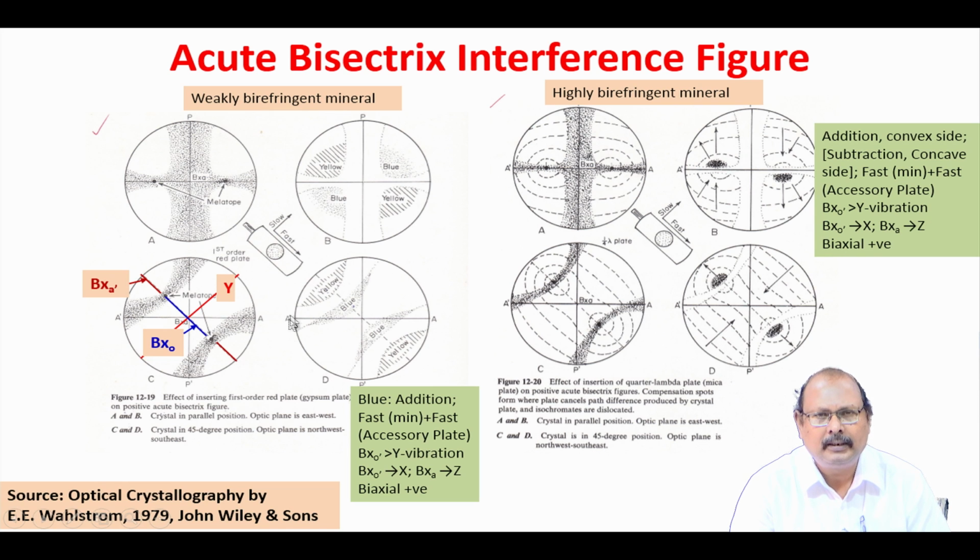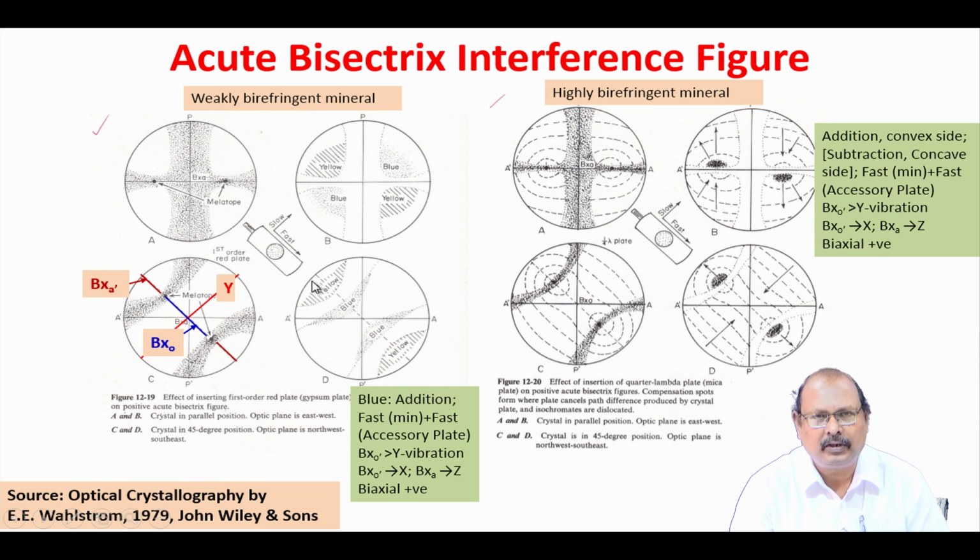So, this will be a situation of a biaxial positive mineral here, and this is the way I encourage my students to orient the acute bisectrix interference figure in such a way that the trace of the optic axial plane is northwest southeast.